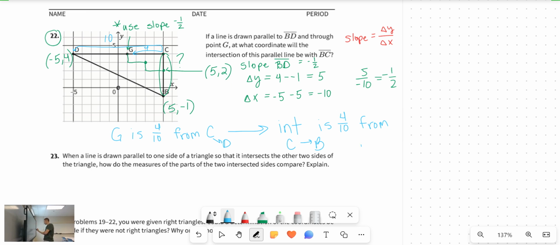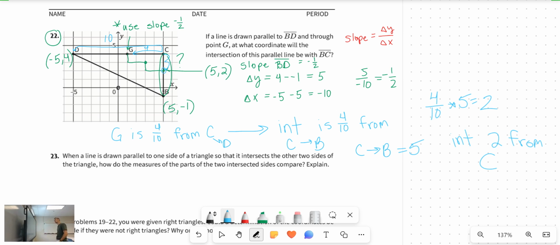Well, the whole way C to B is 5, right? From C to B is 5. 4/10 of that is 2, right? 4/10 times 5 equals 2, which means that the intersection should be 2 away from C. So this should be the intersection, 2 from C. And in fact, if we go over here and we go to C, 1, 2, that is our step.